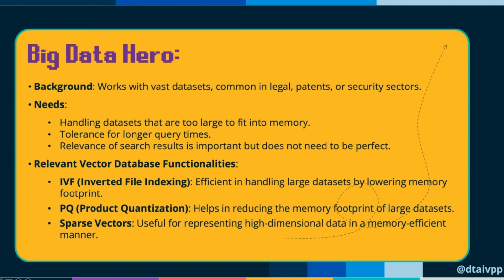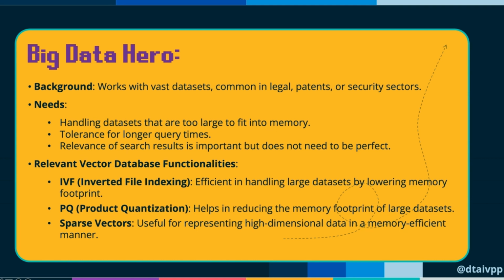Another is product quantization. Anyone familiar with product quantization? Okay, so product quantization basically allows you to reduce the number of features you are using in your vector, or reduce the size and granularity of your vector.